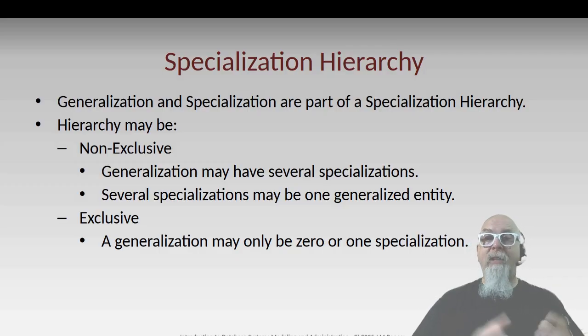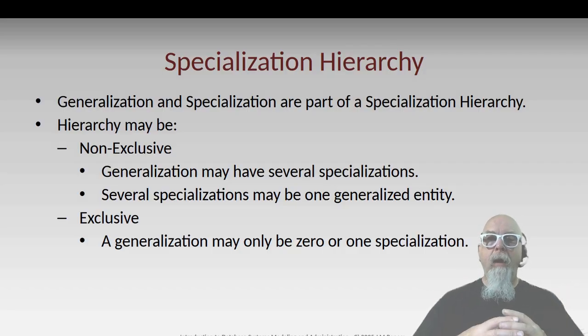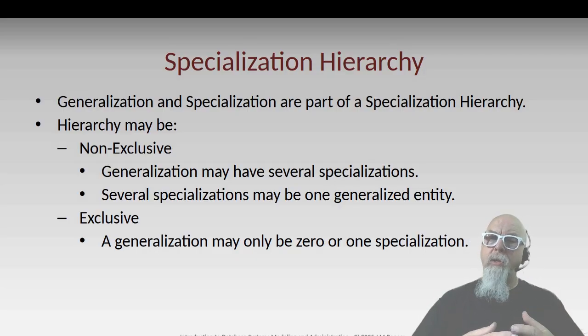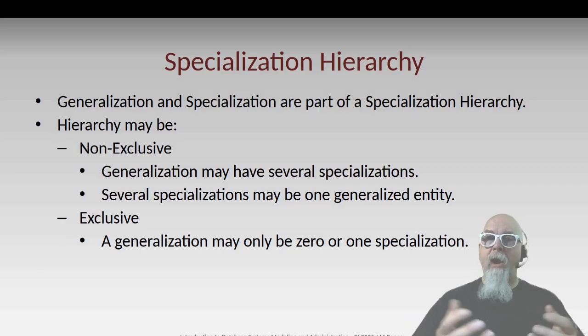So that would be an exclusive specialization or an exclusive generalization, where a pet could only be a dog, could only be a cat. But a person could be a customer and an employee, or maybe a customer and an employee and a donor. So that would be a non-exclusive specialization or generalization.